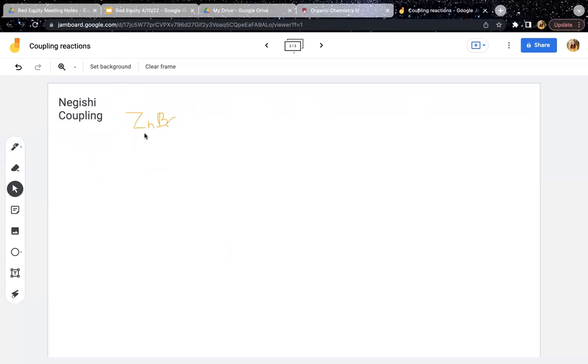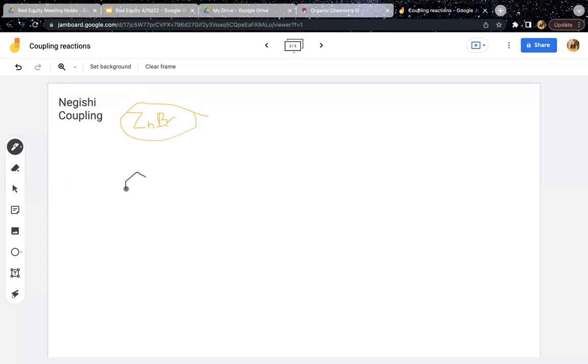Okay, so for Negishi coupling, this is the compound that we're going to be using. This is going to be our metal catalyst in this reaction. And it can look a little differently. And once you guys start practicing, you'll be able to do really big molecules that are used in medicines and stuff like that. But for this one, I'll just go ahead and draw out another example.